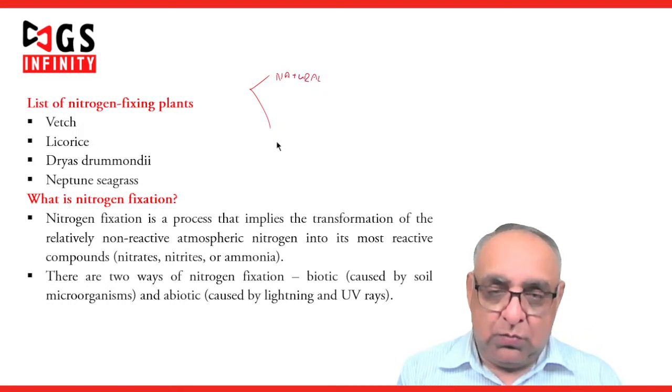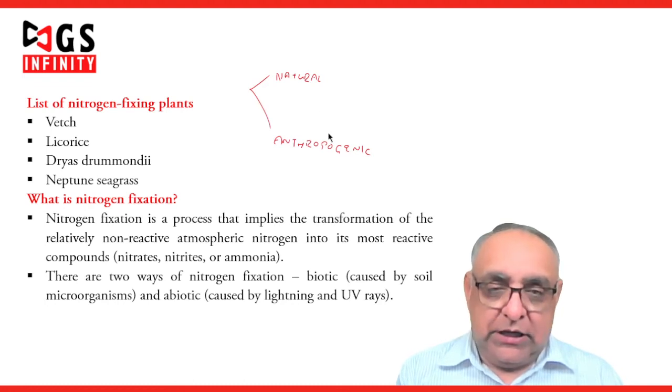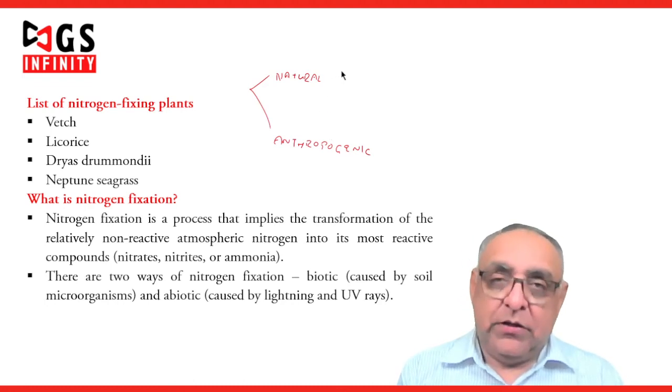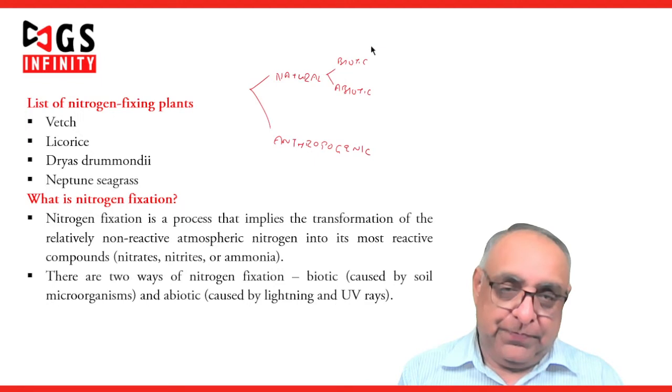So nitrogen fixation can be done either naturally or anthropogenically. Means there are two methods of nitrogen fixation. One is natural method, second is anthropogenic method. In natural method, there are two methods. One is the biotic method of nitrogen fixation, second is the abiotic method of nitrogen fixation.